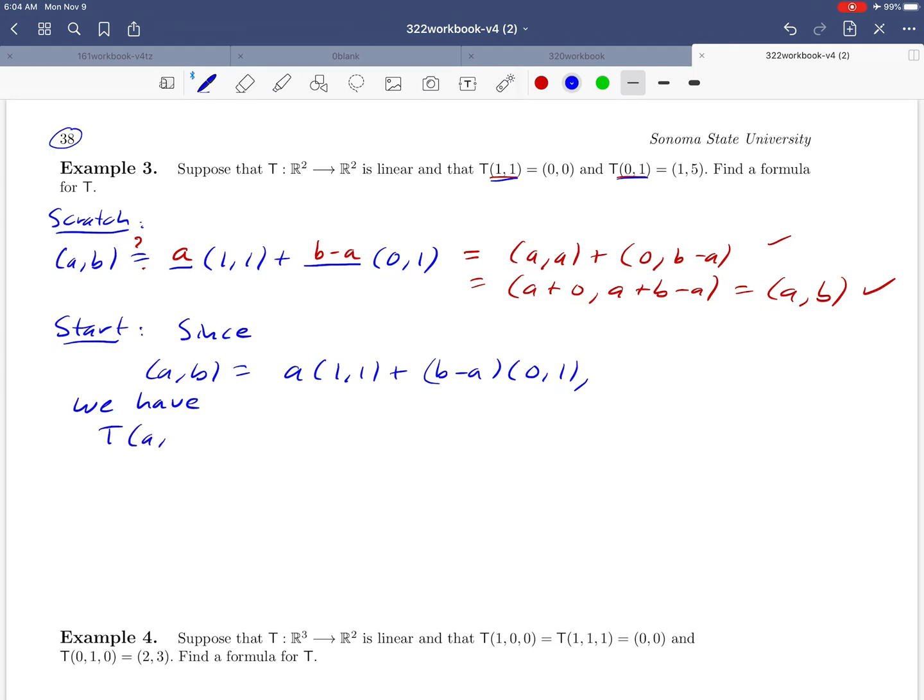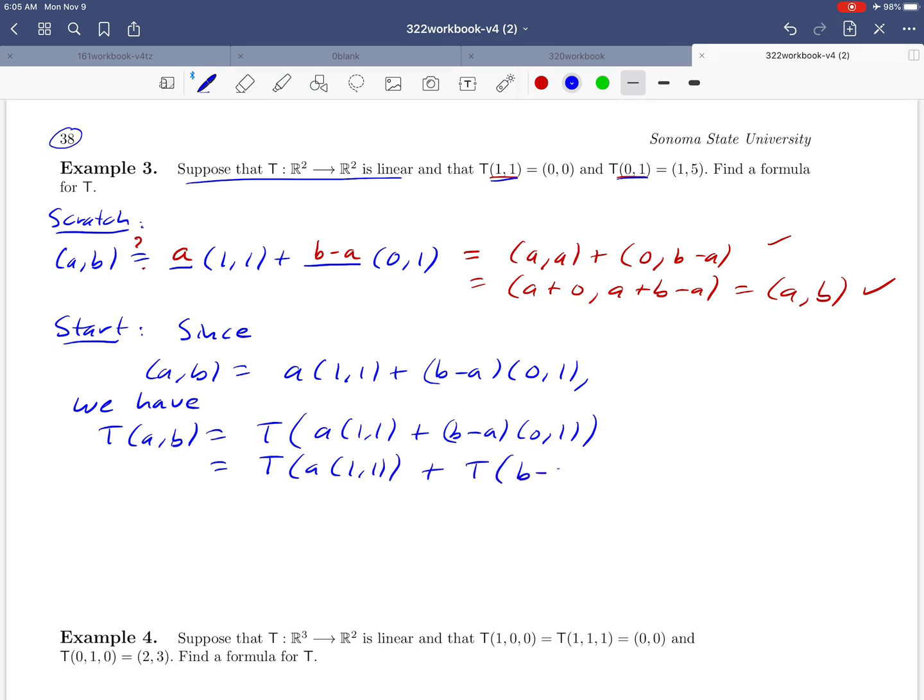We have T of (A, B) equals T of that entire right-hand side. Now we use the fact that we're assuming that this is a linear transformation, so we can do exactly what we did in example 1, and we can pull this apart. So this is equivalent to T of A times (1, 1) plus T of B minus A times (0, 1).